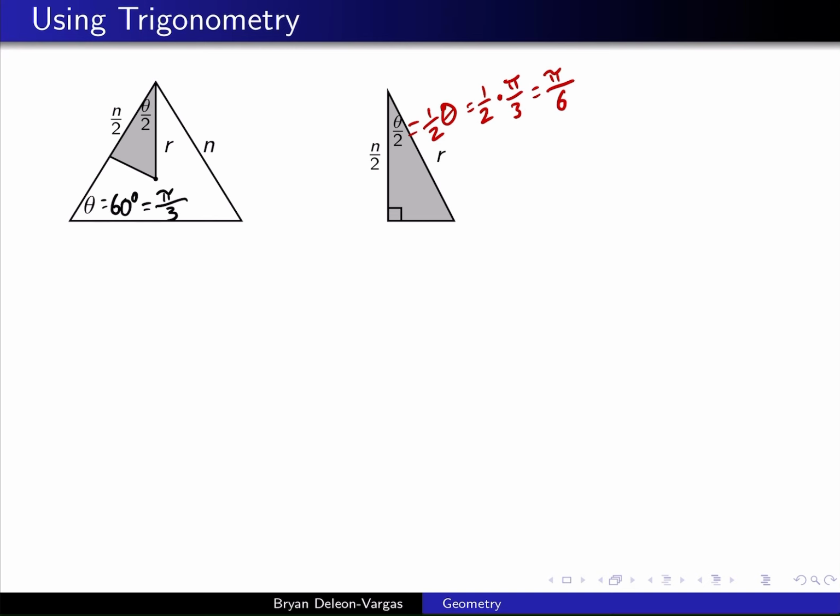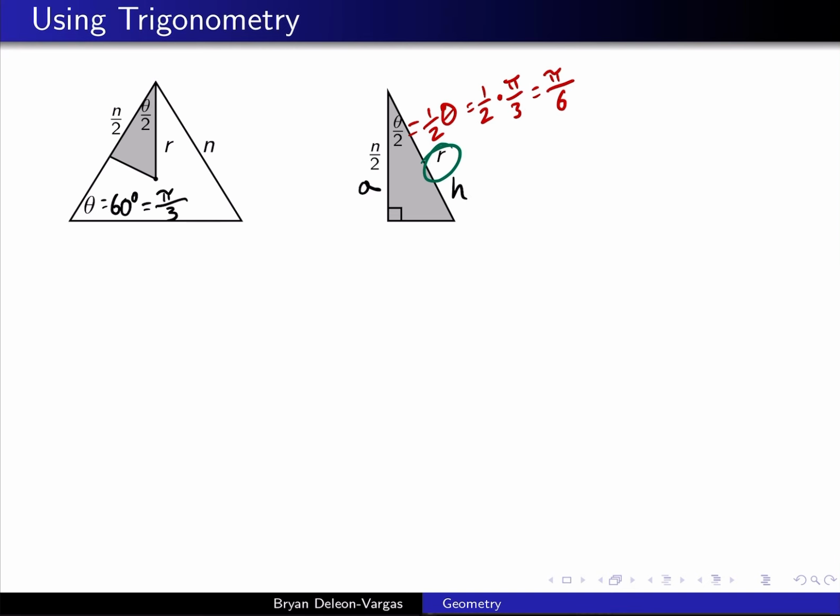All right, we know our angle, and we know two sides. We have one that's known, n over 2, and one that's unknown, but we have variables for them. What we're trying to solve for here is this length r. So let's try to write out an equation. Sine, cosine, tangent, SOHCAHTOA. This is the adjacent side, and this is the hypotenuse.